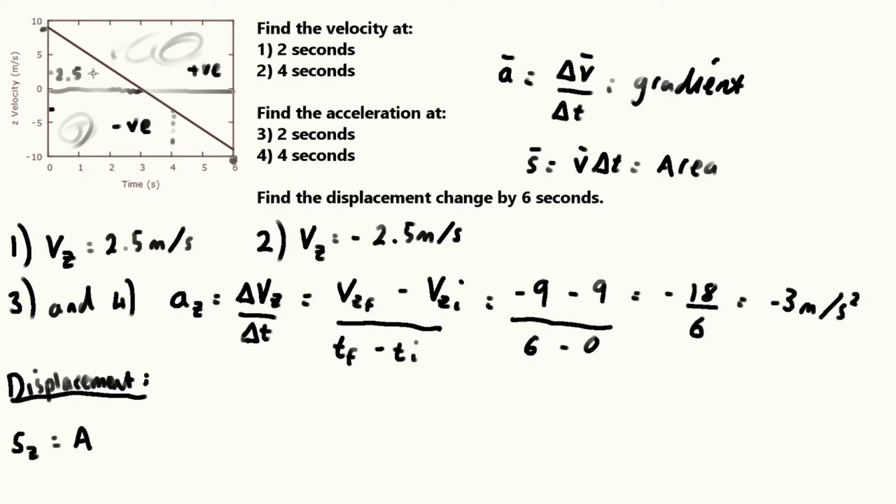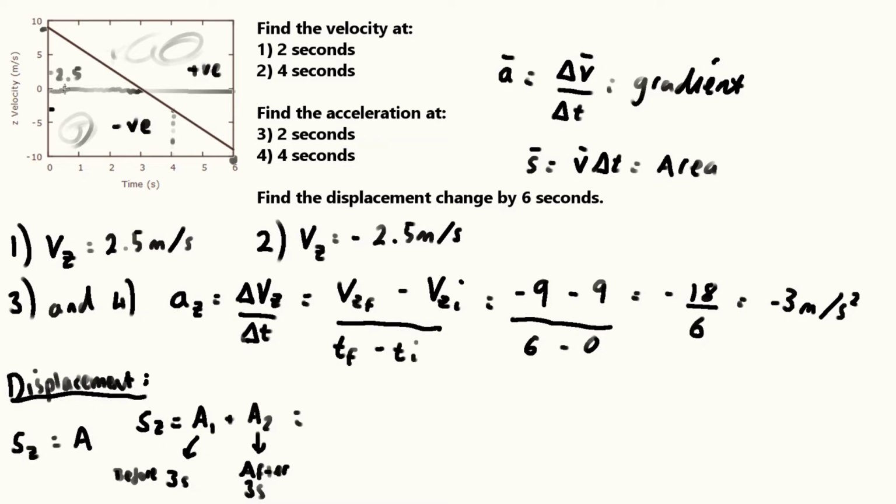We first must work out the positive area, and then add the negative area to it. Therefore, we're going to say that the total z displacement is going to equal area 1 plus area 2, where area 1 is before 3 seconds, then area 2 is after 3 seconds.